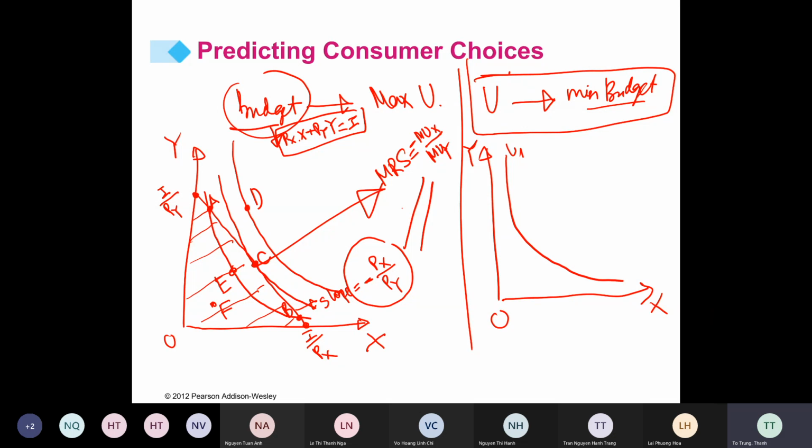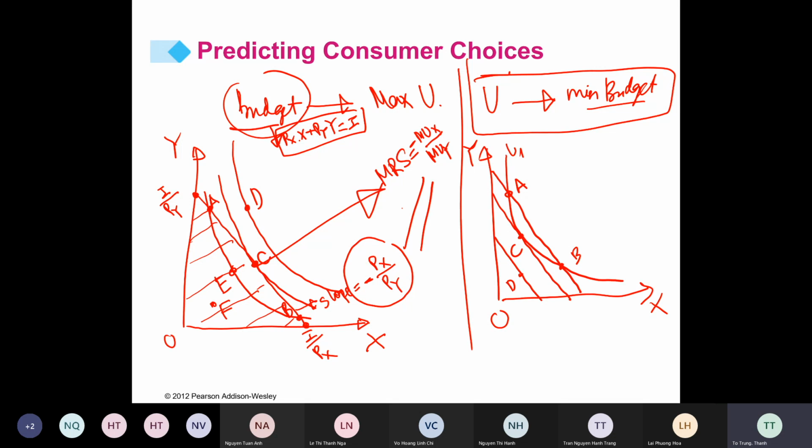All right. Now, to buy some point on this curve, you will spend a different level of budget. All right. So I draw some levels of budget like this. Point A, point B, something like that, right? And point D, let's say.